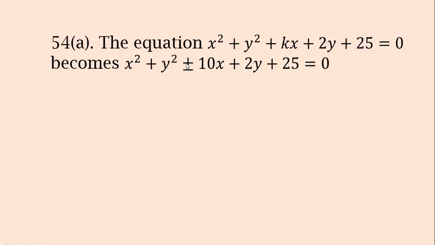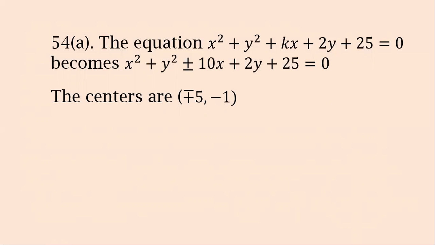Because we know we have to divide the x coefficient by minus 2 for the center. So if we divide this by minus 2, then we get minus 5, plus 5. And for y, it is minus 1. So center is (minus plus 5, minus 1). So this is the center. We can write it plus minus 5, minus 1.